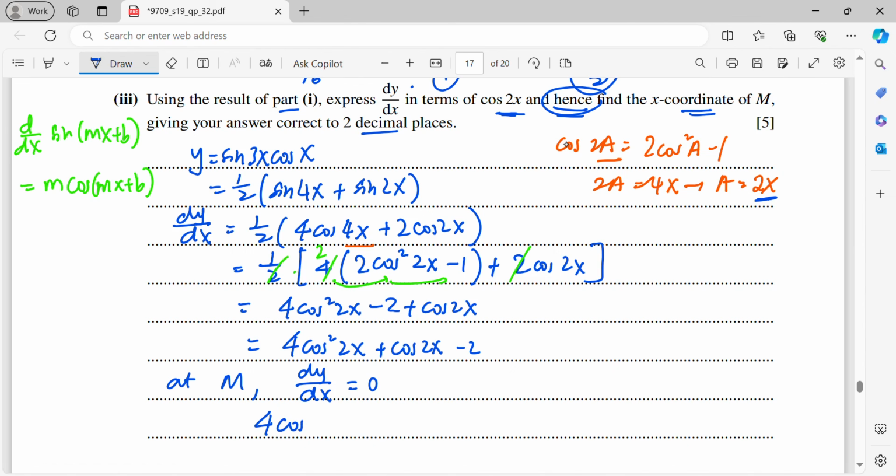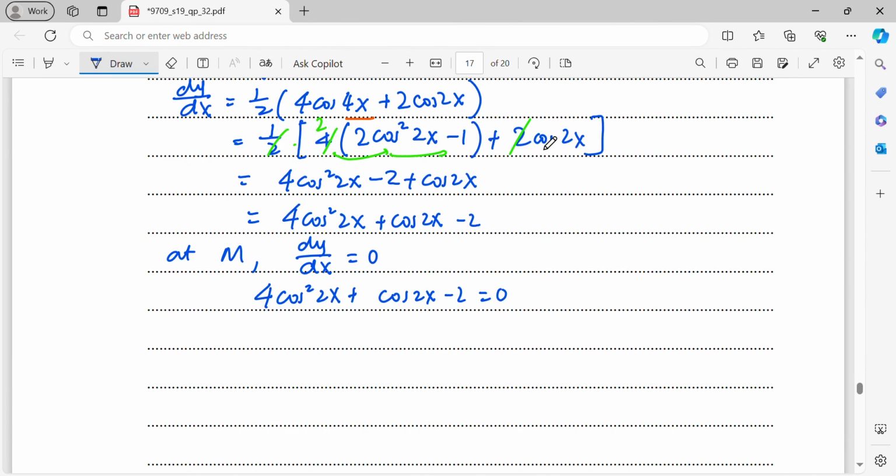So 4 cos squared 2x plus cos 2x minus 2 equals 0. Then to solve this, since this is a quadratic equation, I can either remain in cos 2x, or I can change it to u. So u equals cos 2x, therefore I'm getting 4u squared plus u minus 2 equals 0.